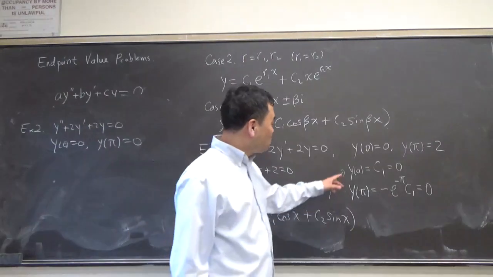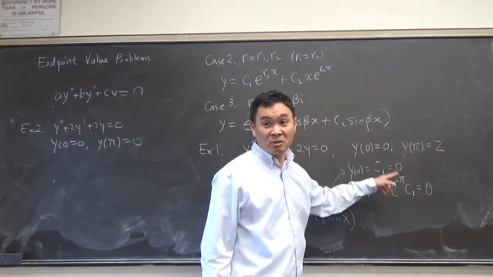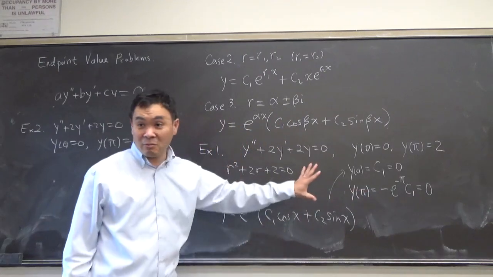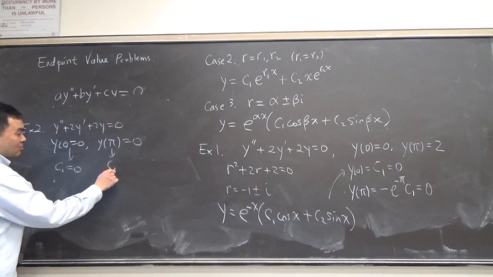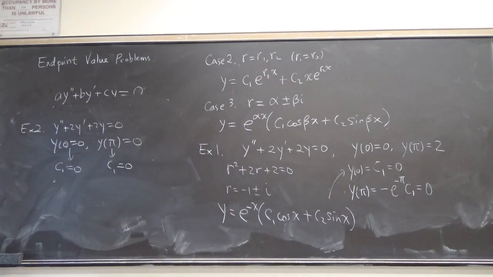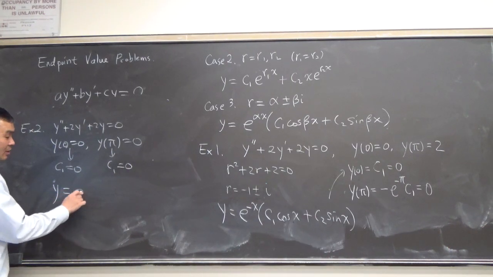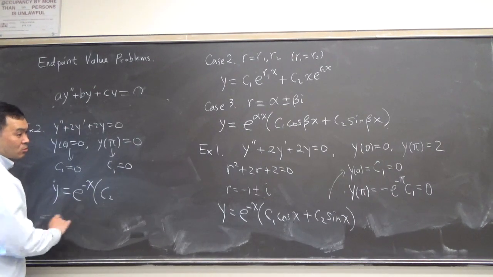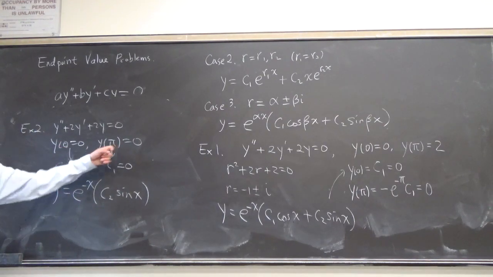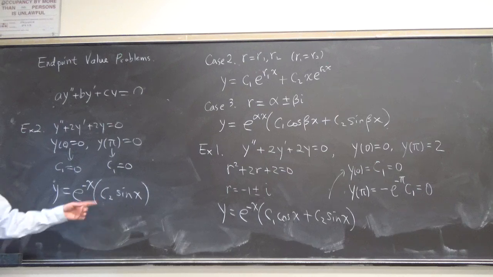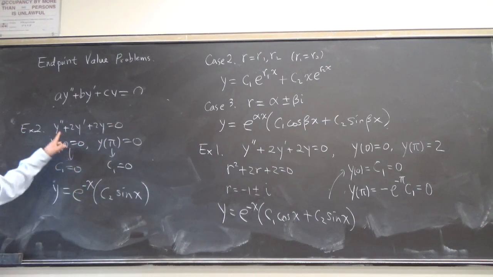Both of the conditions will just force c1 to be 0. The solution will be exactly the same as this, but this one will say c1 is 0, and this one will also say c1 is 0, and that means c2 can be anything. Anything that looks like e to the negative x times c2 times sine of x will satisfy both of these conditions. Of course, sine of 0 is 0, sine of pi is 0, and it does satisfy this differential equation. So you can have infinitely many solutions.